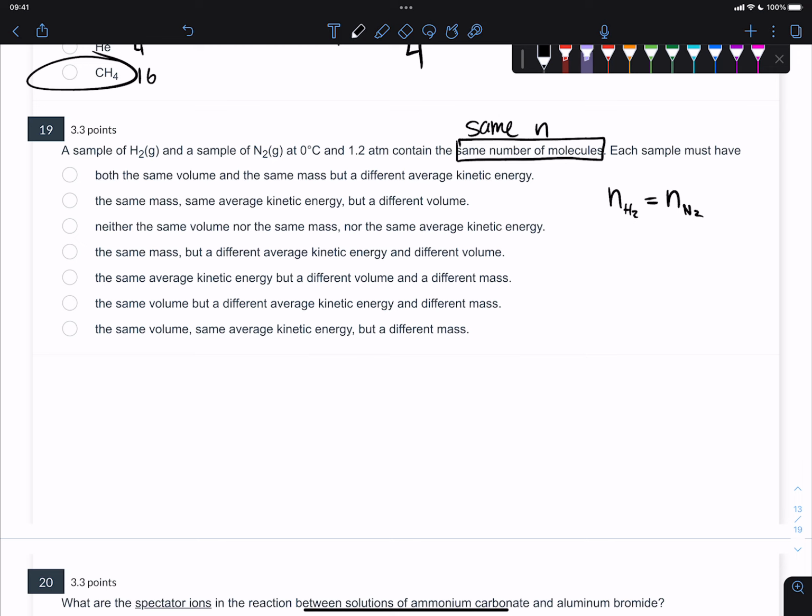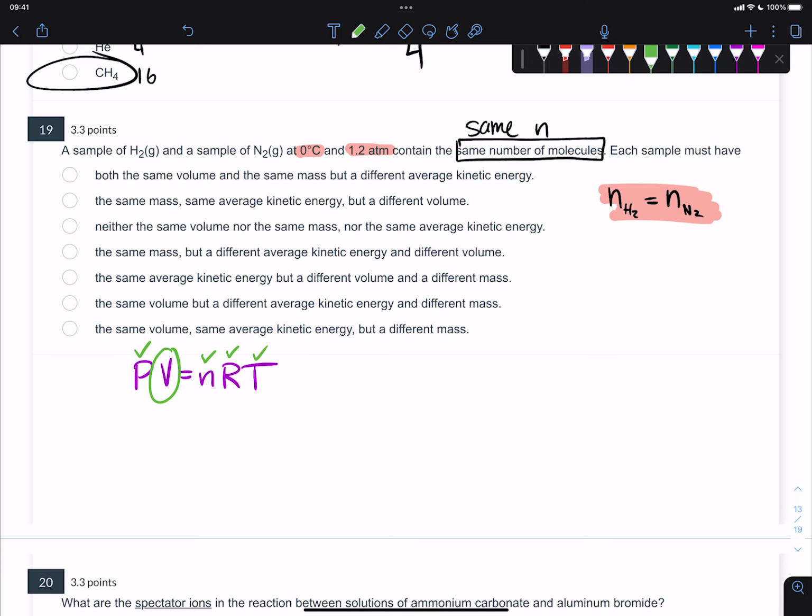So what does that mean? Well, same number of moles, same temperature, same pressure. List out your ideal gas law variables, P, V, n, R, T, and check off things that make sense. Same temperature, R is the same, same number of moles, same pressure. That means they have to have the same volume.